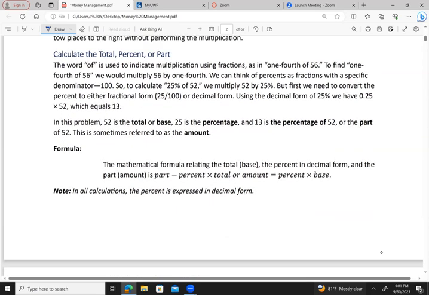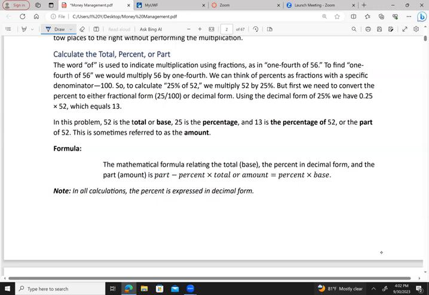In this problem, 52 is the total or base, 25 is the percentage, and 13 is the percentage of 52, or the part of 52. This is sometimes referred to as the amount. So the mathematical formula relating the total, the percent in decimal form, and the part is part, or amount, equals percent times total, or base.